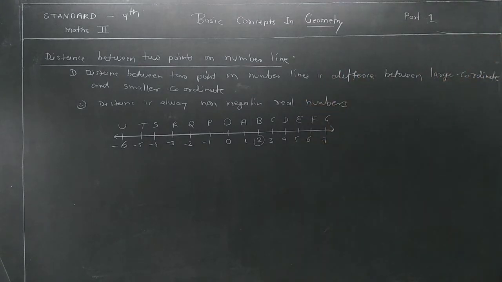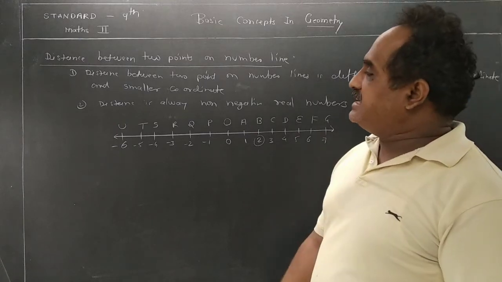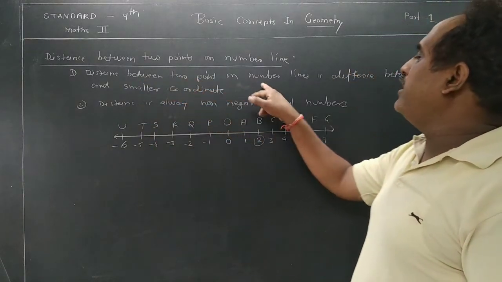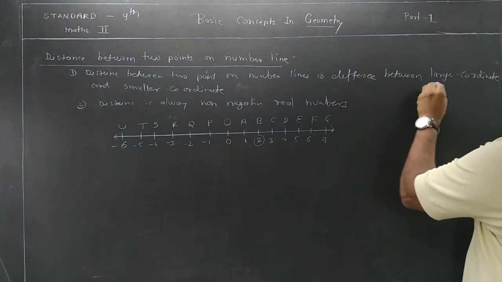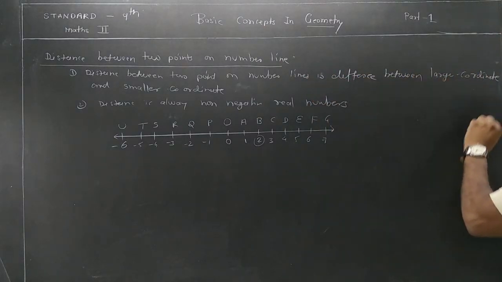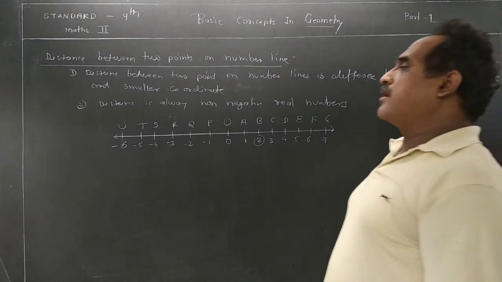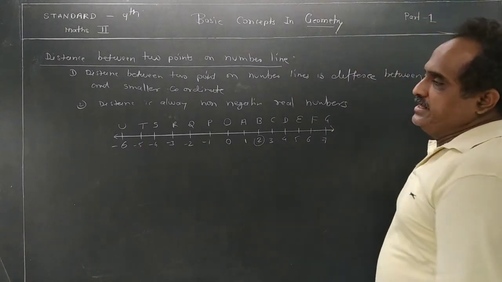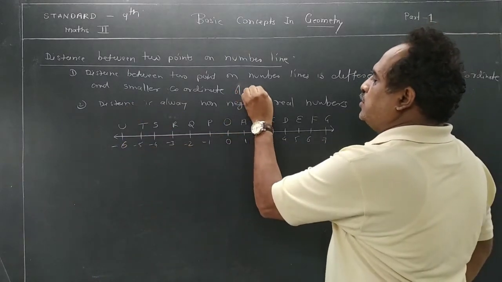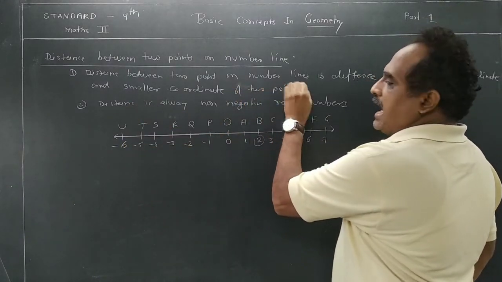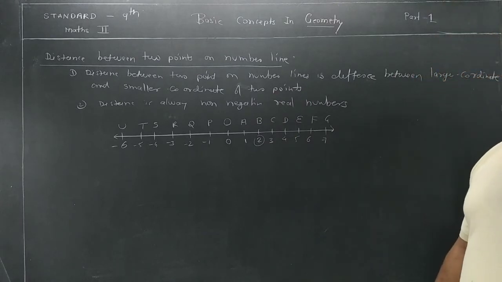I'll tell you the meaning of this. Distance between 2 points on a number line is a difference. Distance between 2 points is the difference between the larger coordinate and the smaller coordinate of the 2 points, and the distance is always non-negative.